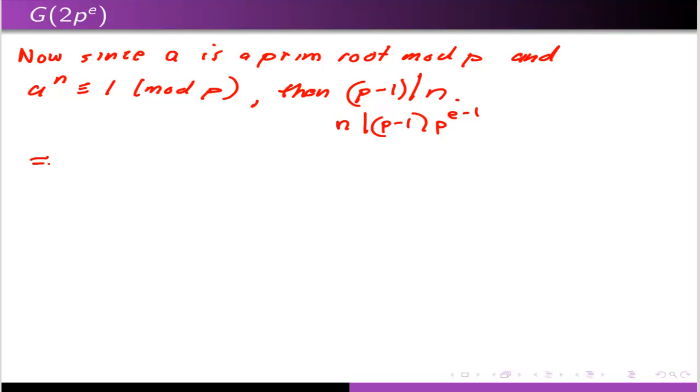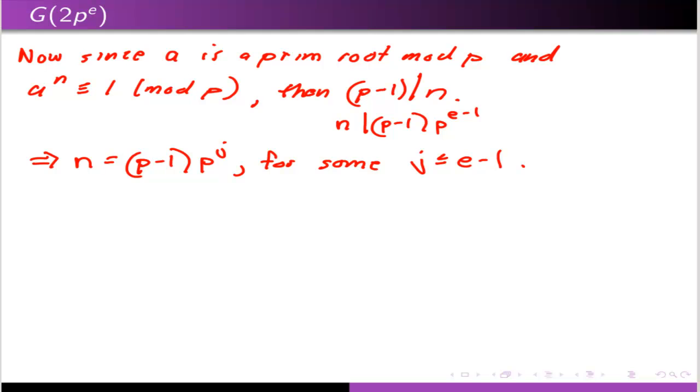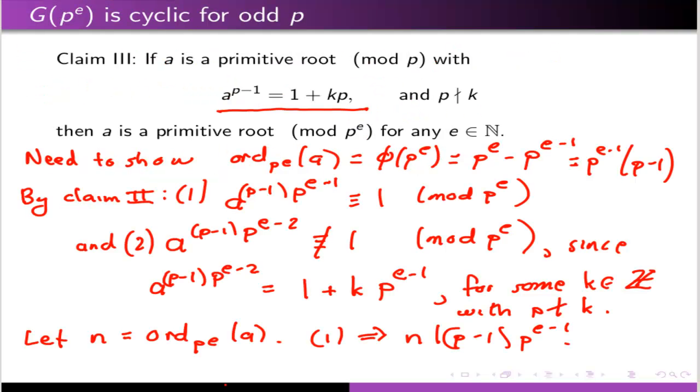So putting this together says this order is of the form p minus 1 times p to the j for some j less than or equal to e minus 1. But the second fact on the previous slide says that if I had one smaller power of p, I'm not going to get this congruent to 1 mod p to the e.